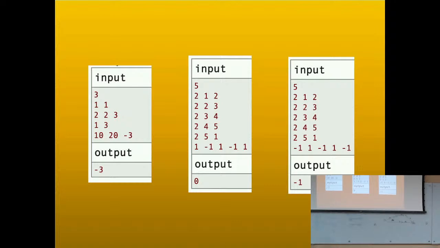If you do that, then take, for example, the source and the sink, and take, for example, one.